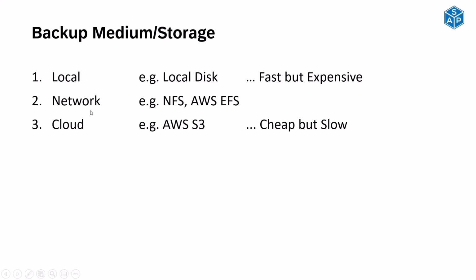The second option that you can have is your network backup. In network backup, you can take backup on NFS drives. For example, in your local operating system you might have SSD disks, and SSD disks are very costly. Also you might have mirroring, like RAID 1.